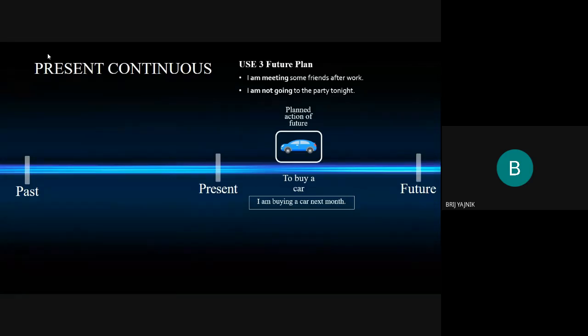So when you talk about your future plan, let me tell you my future plan in present continuous tense, because I can only use present continuous tense to talk about a future plan. So randomly speaking, number one, I am visiting my parents tonight. I am not cooking tonight. That's not my plan.